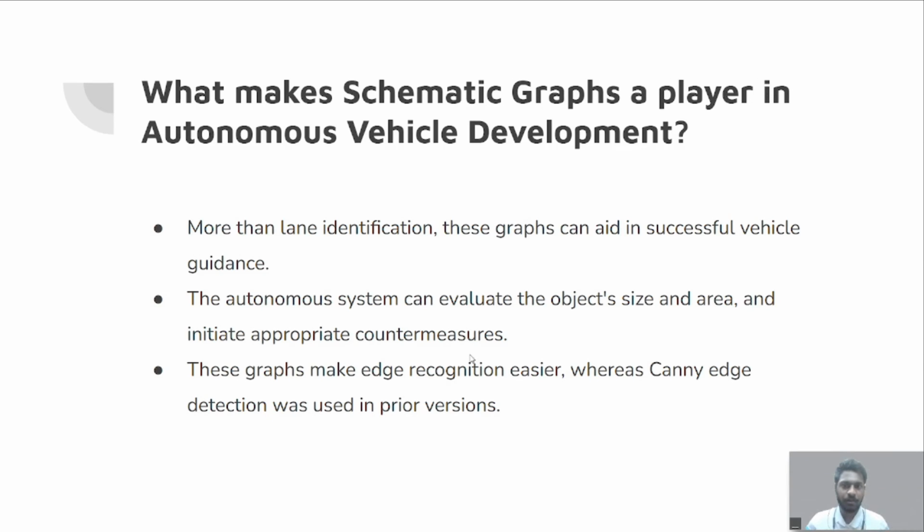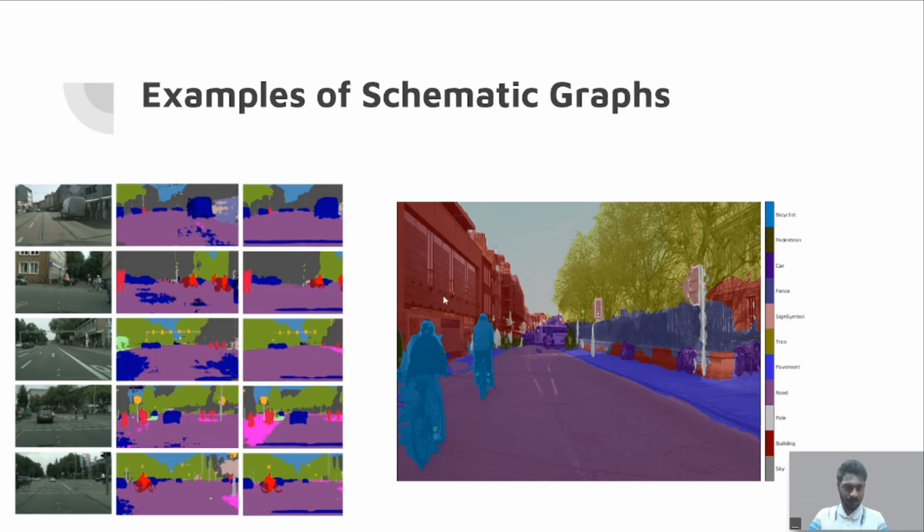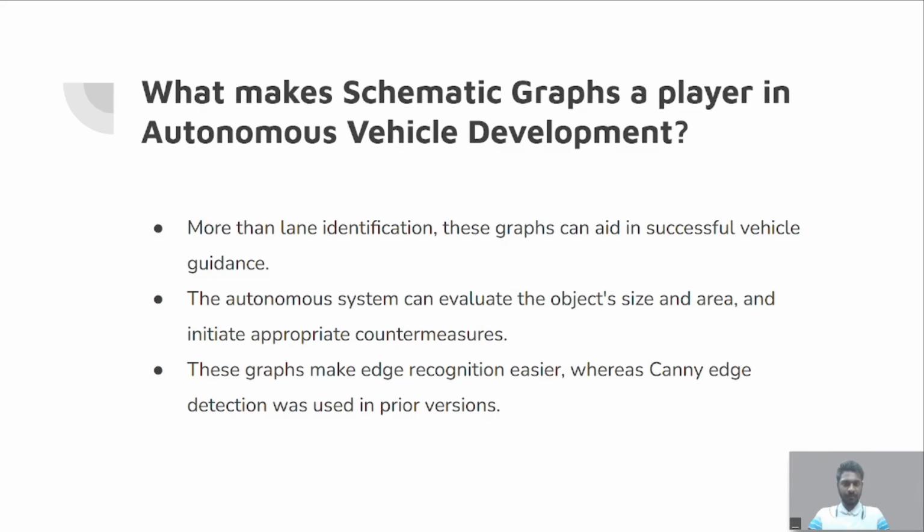Moving on. So what makes semantic graphs a layer in autonomous vehicle development? As seen in these pictures, it did segment different kinds of objects really well, whereas in previous generation AI models, Canny edge detection was used, where the edges are detected and noise is normalized.